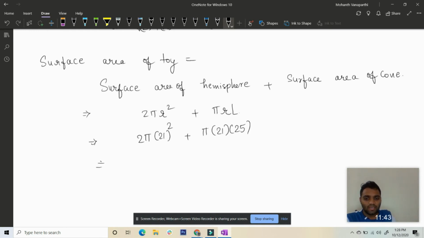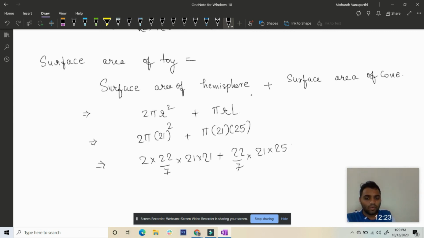If I do the calculation, finally we will be getting 2 into 22 by 7 into 21 into 21, and here 22 by 7 into 21 into 35.